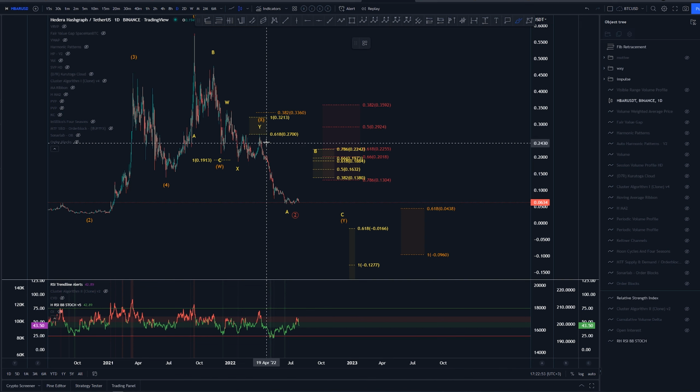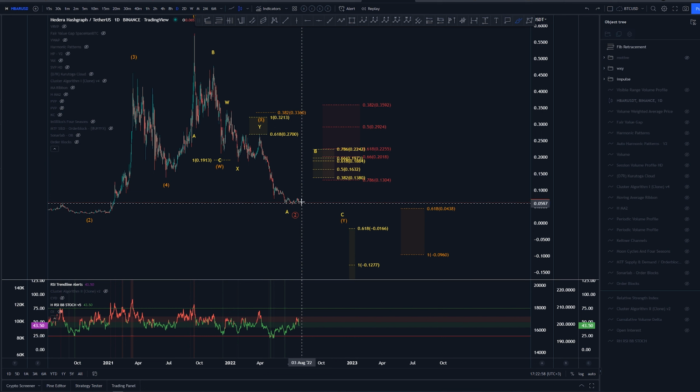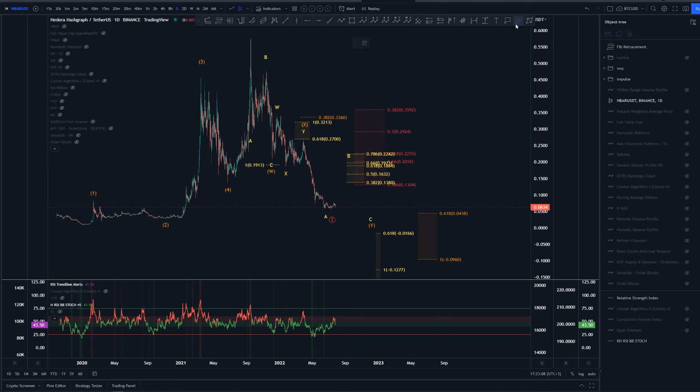And if we are looking at this as an A wave here, then we would have to get to B, and C generally takes out the previous wave A lows. The one-to-one extension again obviously is minus 10 cents, so that can't be the case.